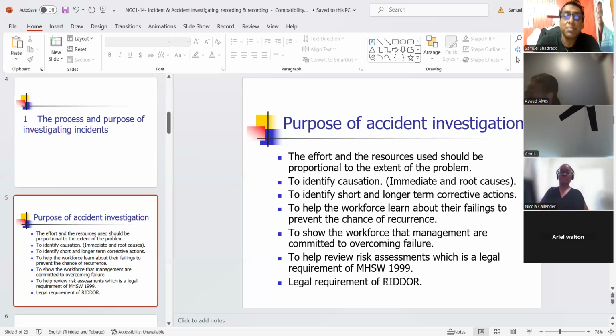So for me personally, there are many purposes of an accident investigation. I could zone down on two main ones here. I think the two main purposes for an accident investigation are to identify the cause, second point, and the fourth point, to prevent it from happening again. I think that's the main purpose of an accident investigation.